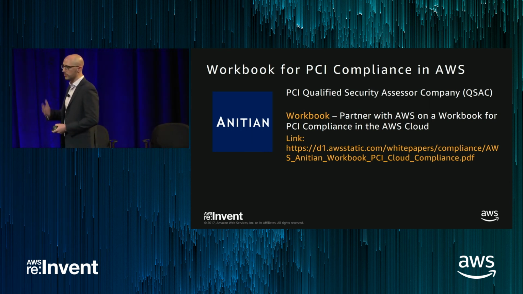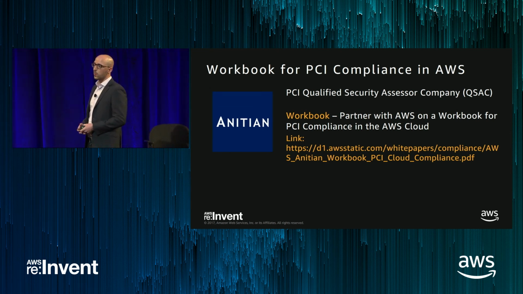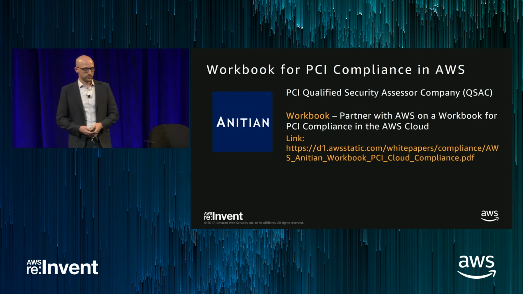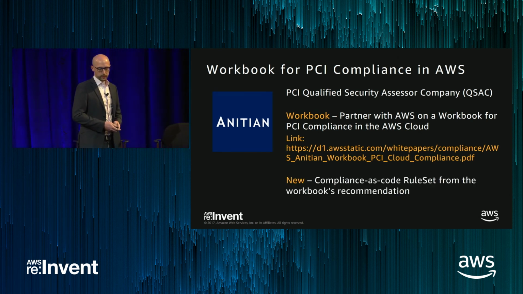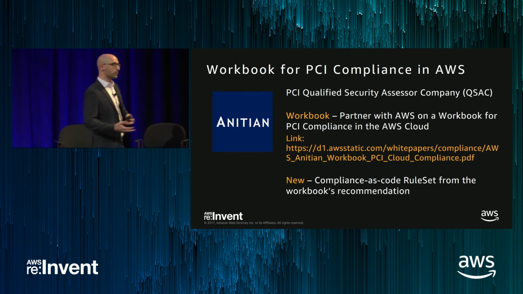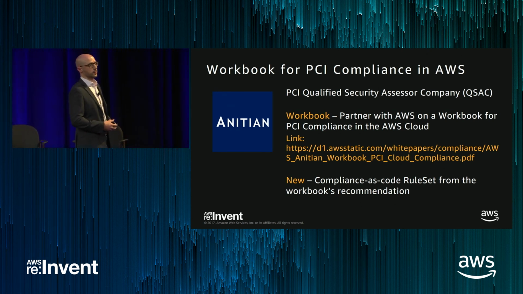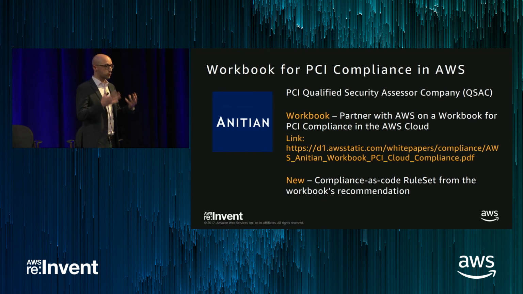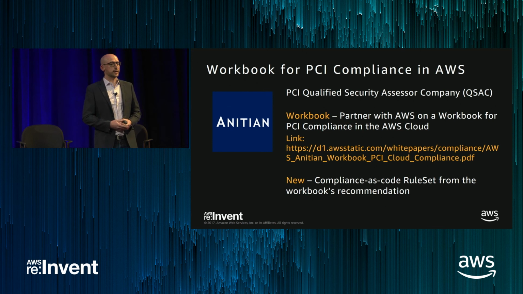They wrote a great workbook on how to achieve that within AWS, and this workbook is available as well. Today we also partnered with them to create some guidance around PCI. This guidance is going to give you, through a rule set, the same way as part of the engine, some clear guidance on how you can improve in order to be closer to PCI compliance.